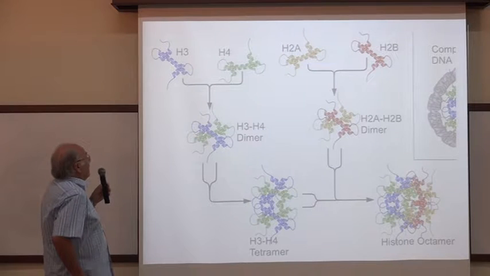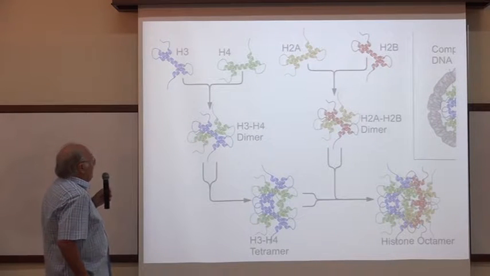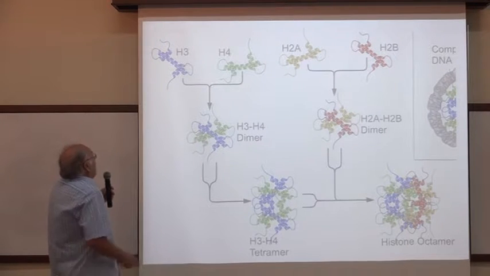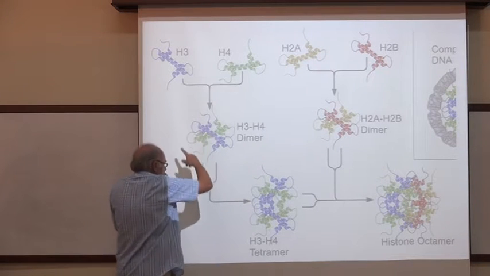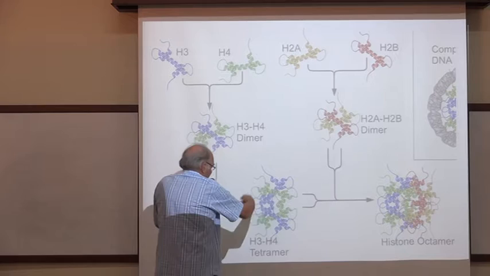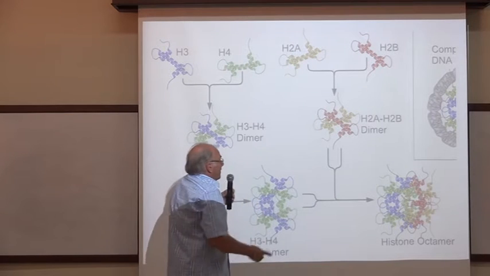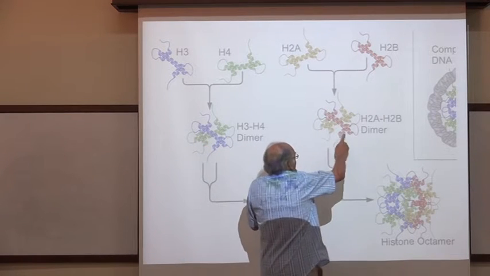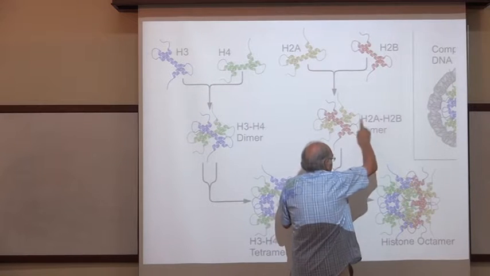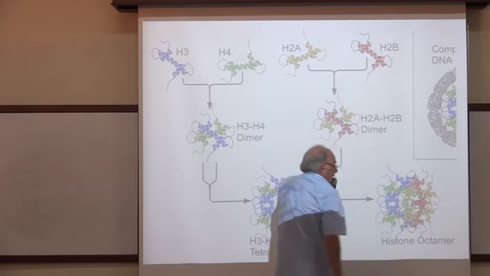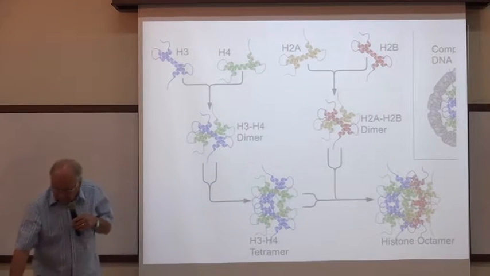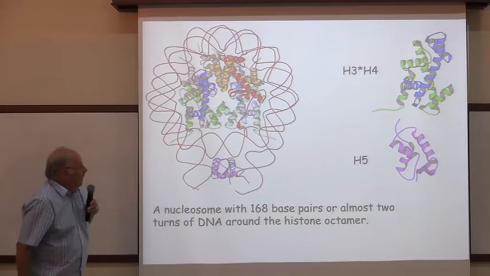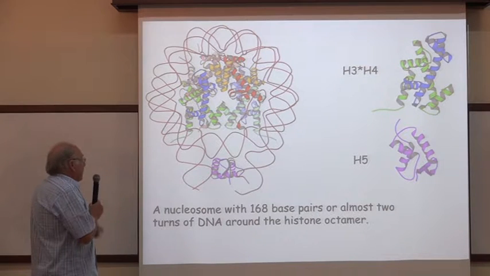So here's then the organization of the nucleosome. H3 and H4 form the dimer, and subsequently two dimers form the tetramer, and then to this is added two dimers of H2A, H2B, forming the total core of the nucleosome.